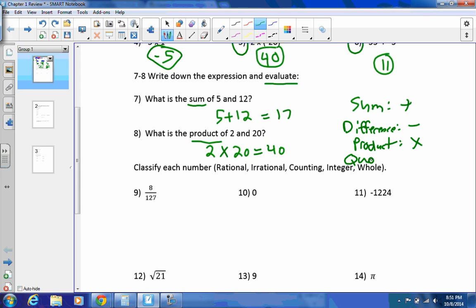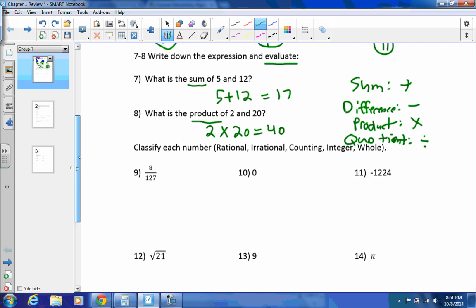These are important to remember because these are what you call the answer to these kinds of situations. So the sum is the answer to addition. The quotient is the answer to a division problem. All right, going on to classifying numbers.